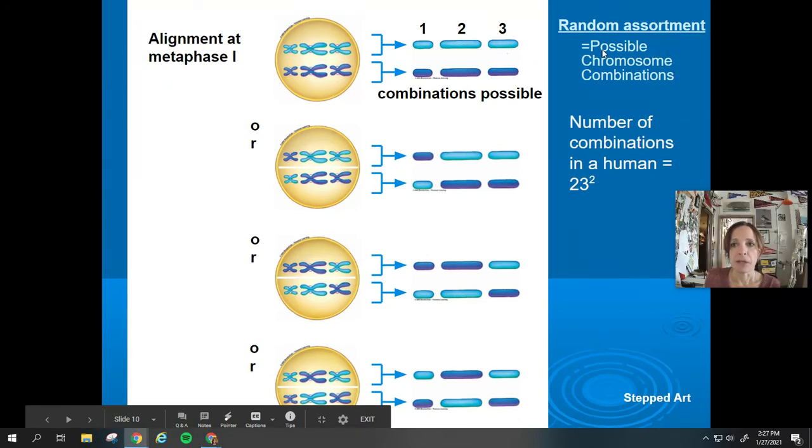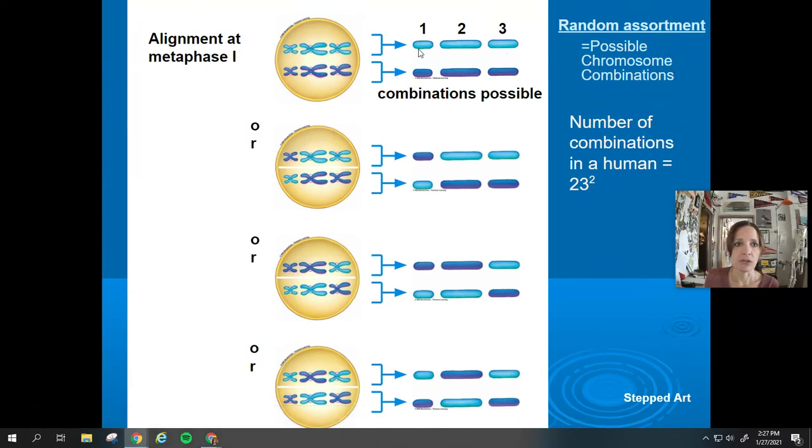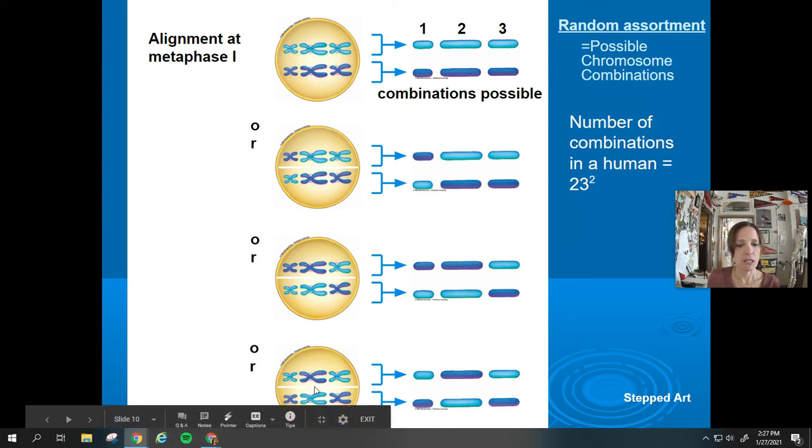Random assortment is the possible chromosome combinations. So this is a figure to show you that. Your first combination could be all of these blue and light blue. Or these 2 could flip, and now you have different combinations. Or 2 of them could flip, and then you have different combinations. Or the one in the middle could flip.